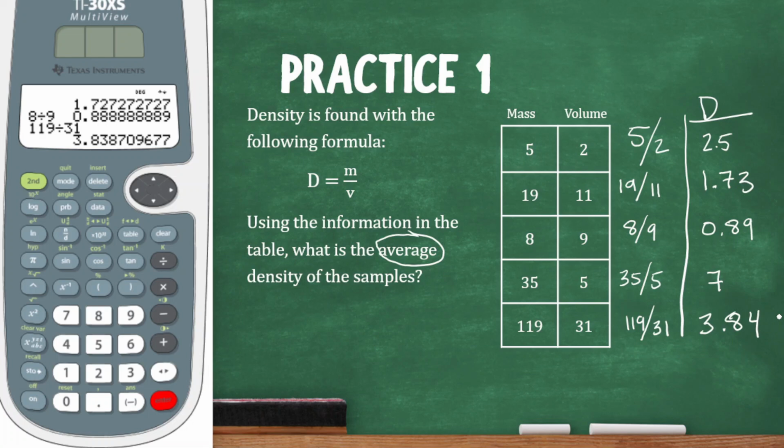Okay, I finally have all my densities, so let's go ahead and add those all up. And there's 5 densities total, so after we add them all up, we'll divide by 5. So 2.5 plus 1.73 plus 0.89 plus 7 plus 3.84.